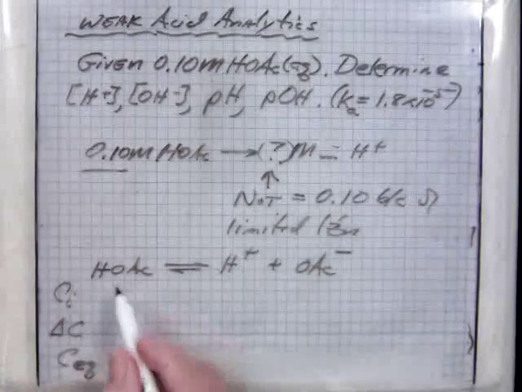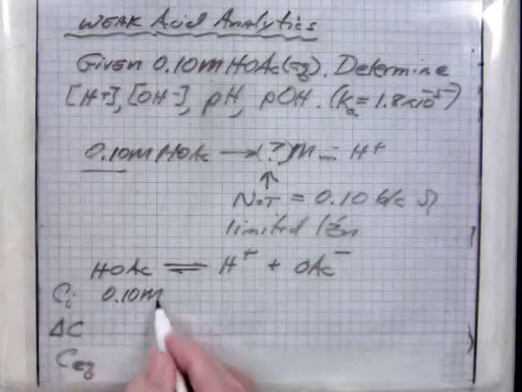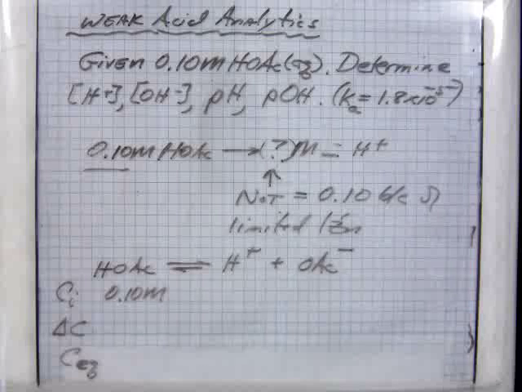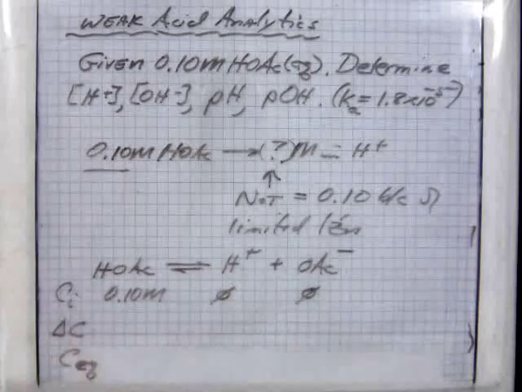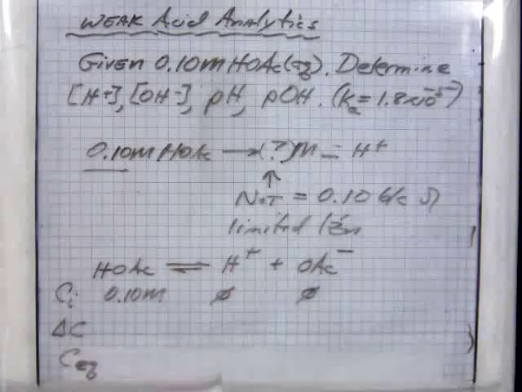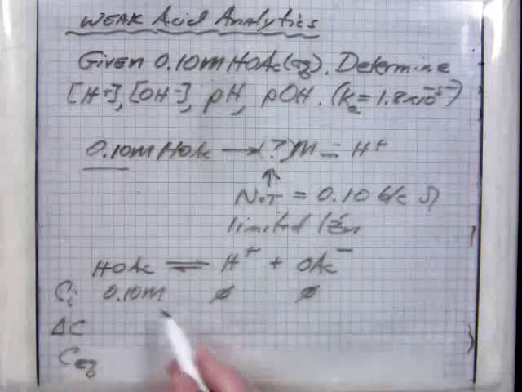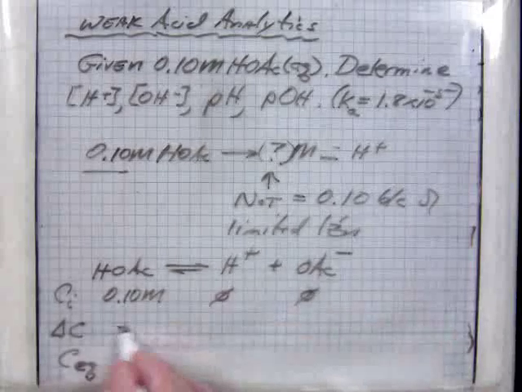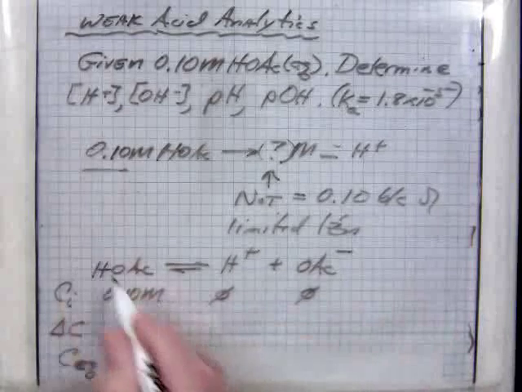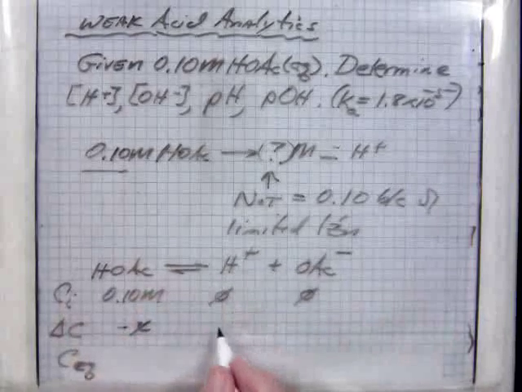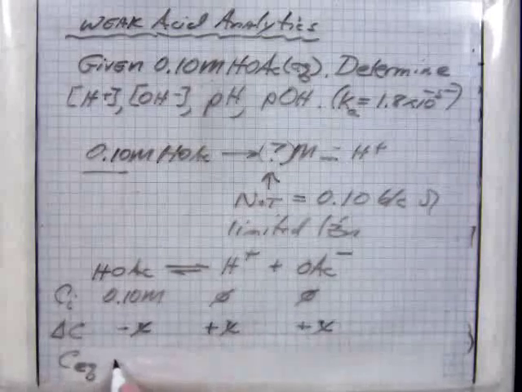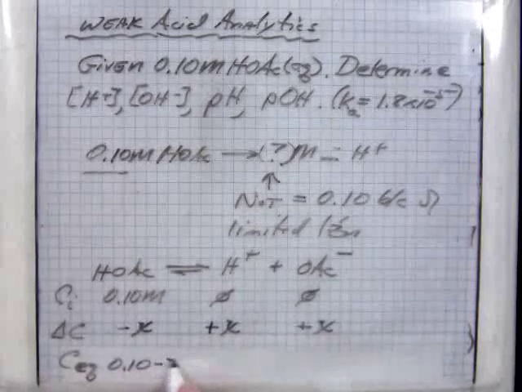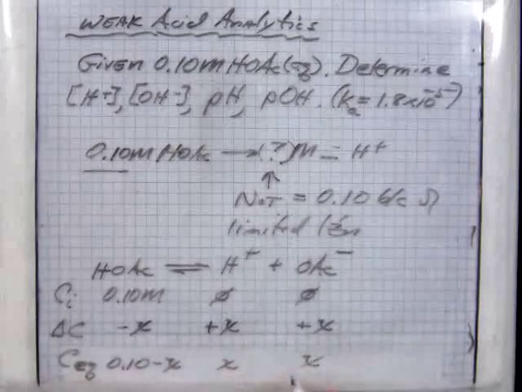So we're starting with a 0.10 molar solution, and consider this like a horse race, where you have 0 and 0 at the outset of the ionization. Then we allow the gates to open, the ionization to occur. This decreases by the coefficient times x, and the products increase by x, and at equilibrium we have 0.10 minus x, and x, like that.